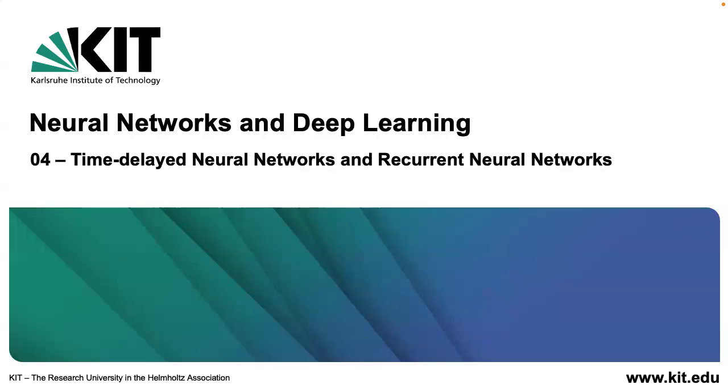We'll look into two major architectures which are commonly used in a lot of neural networks: on the one hand the time-delayed neural networks or convolutional neural networks, and on the other hand the recurrent neural networks. We look at how the two relate to each other, and how that can be understood in relation to last time.